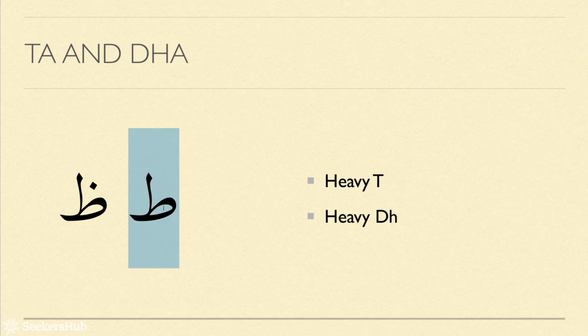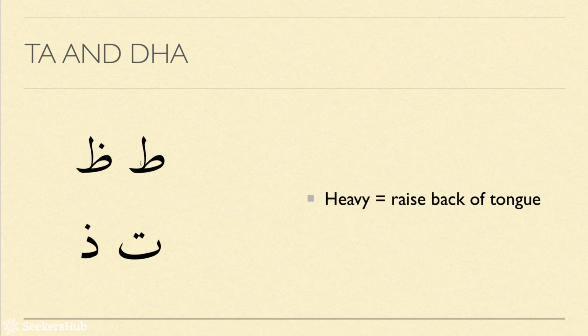So we have the ta and the dha, which is exactly the dhal sound, but heavy. So these two are both heavy sounds. So we have the ta, which is the heavy version of the ta, and the dha, which is the heavy version of the dhal.